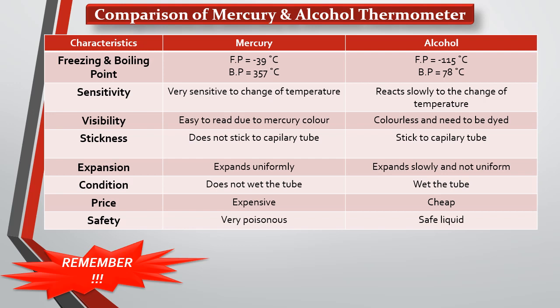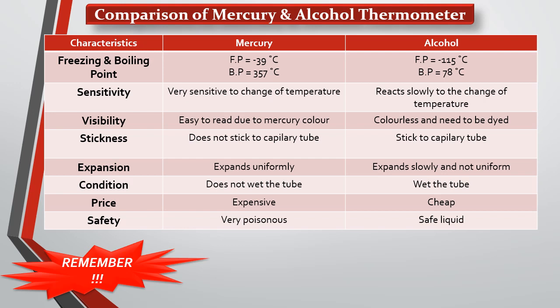For sensitivity, mercury is very sensitive to change of temperature, and alcohol reacts slowly. For this characteristic, mercury is more efficient than alcohol. For visibility, mercury is easy to read due to its color, while alcohol is a colorless liquid and needs to be dyed.